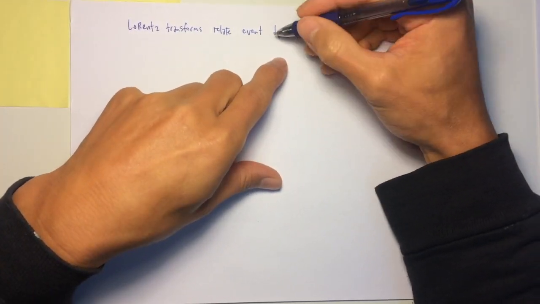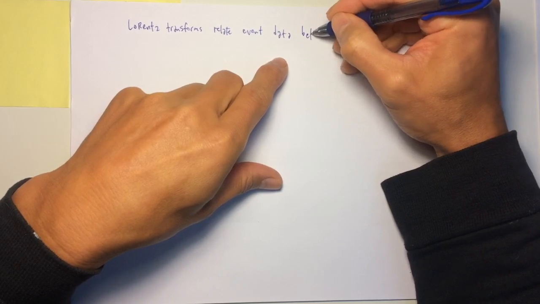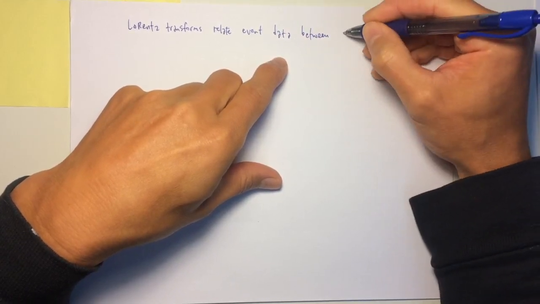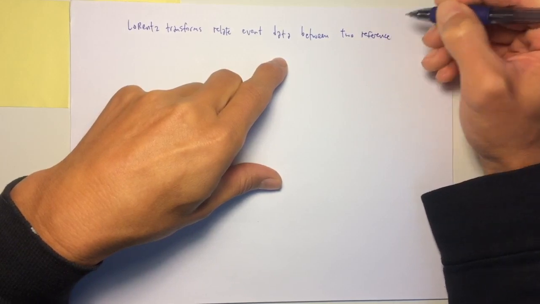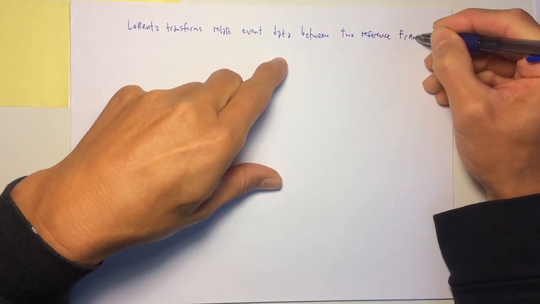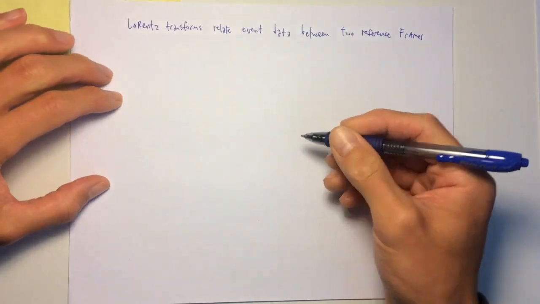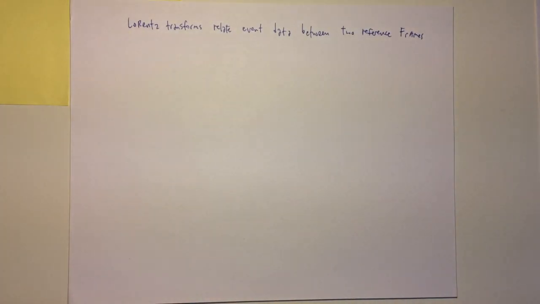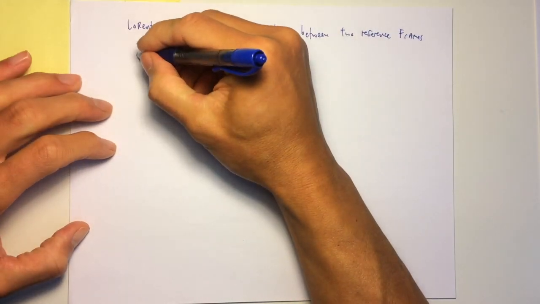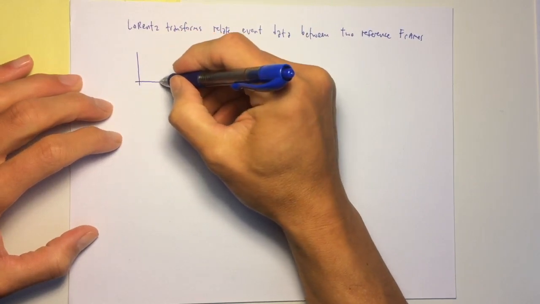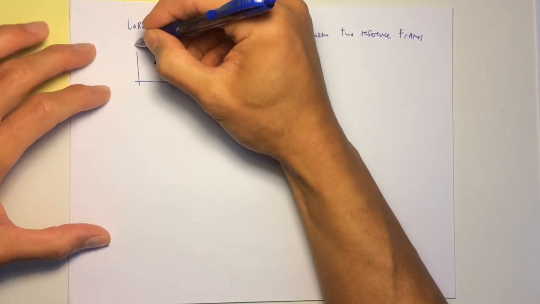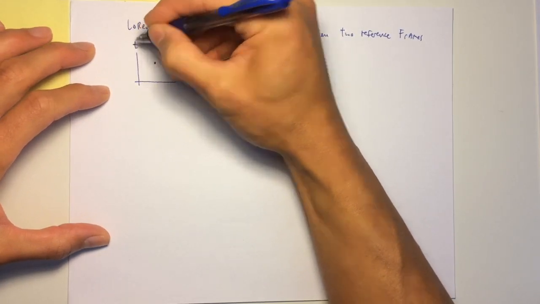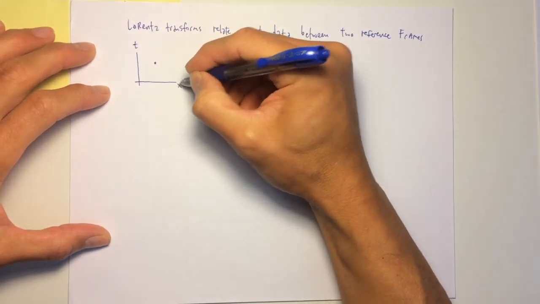They relate event data between two reference frames. What I mean to show you is, if I have, for example, an event, an event in a space-time picture is a point.